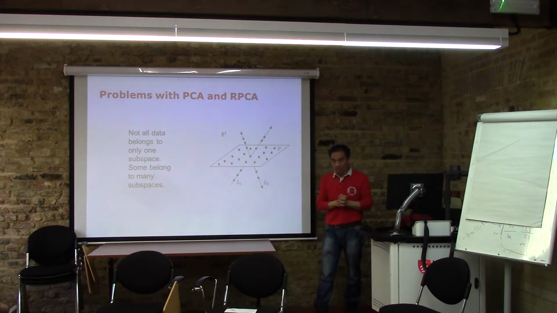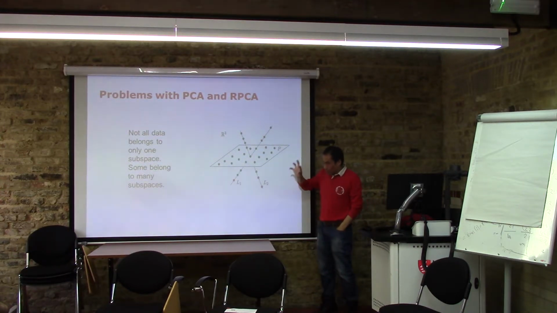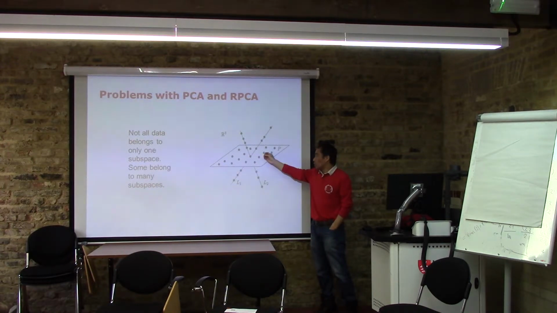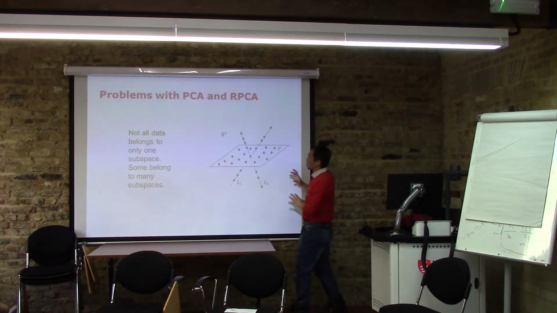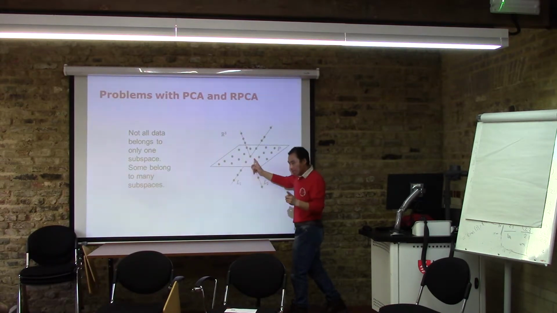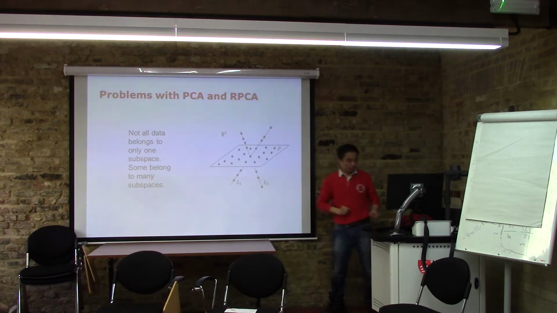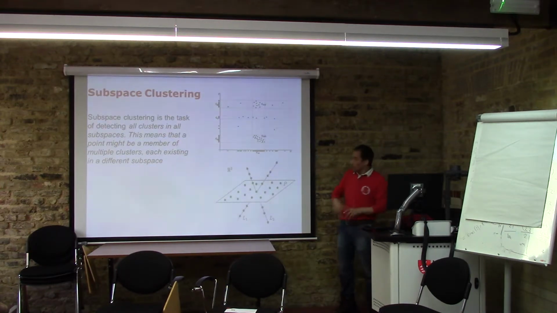So recently, when people are doing RPCA, they found techniques to improve it, called subspace clustering, which allows any particular data to belong to multiple classes, to deal with these cases.